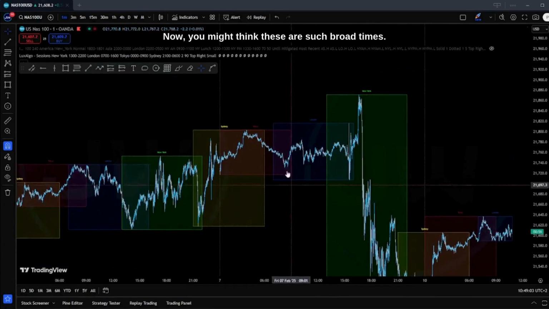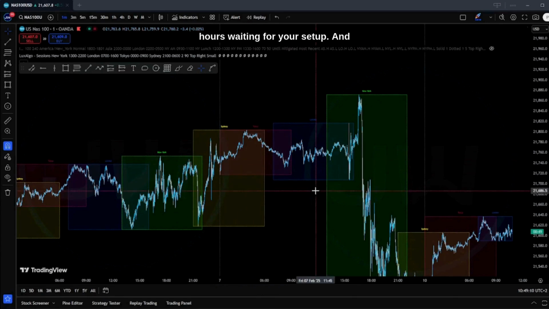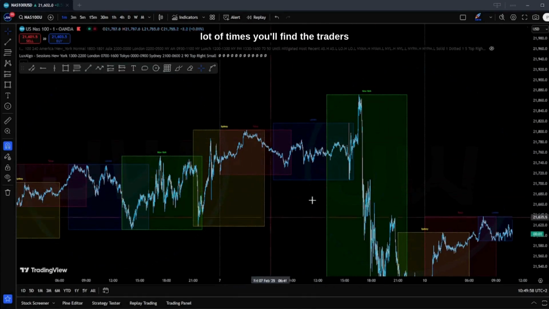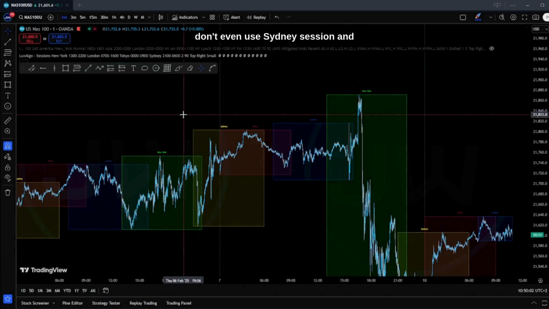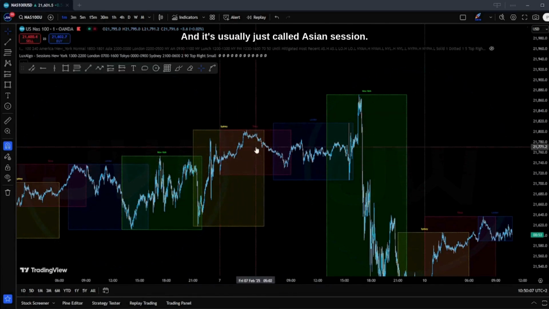Now you might think these are such broad times, you don't want to be sitting hours and hours waiting for your setup. And that's where kill zones come in. A lot of the times you'll find that traders don't even use Sydney session and instead just focus on Tokyo, and it's usually just called Asian session.